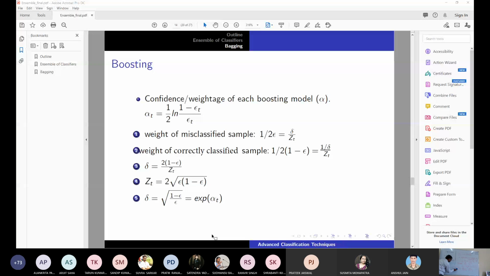Okay. So what you can do is cancel one epsilon here. So you have the value 1 by epsilon_t.